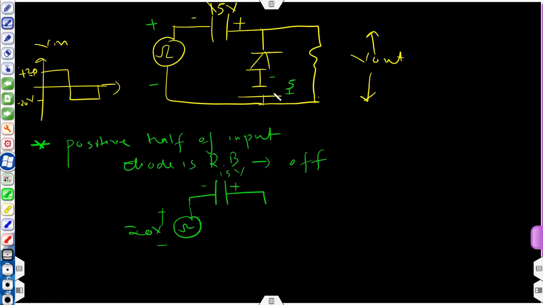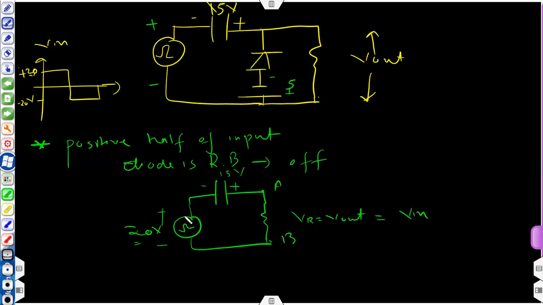So no need to draw this branch. You can just simply draw the resistance. VR will be equal to V out, that will be measured between point A and B, and simply you can see that V out is the combination of the input voltage source, so that will be V in.